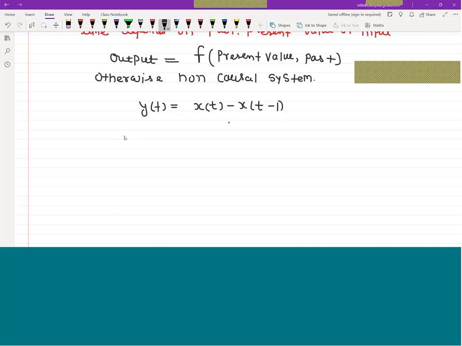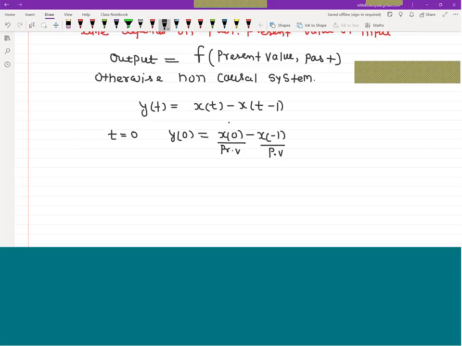So let's say input at t equal to 0. अगर आपने इनपुट किया है t equal to 0 पे, तो क्या रिलेशनशिप होगा? y(0) is dependent on x(0) minus x(minus 1). तो ये कौन सा वैल्यू है? This is past value and this is present value. तो सिस्टम का आउटपुट t इक्वल टू 0 पे या तो प्रेजेंट वैल्यू पे डिपेंड कर रहा है या पास्ट वैल्यू पे डिपेंड कर रहा है.